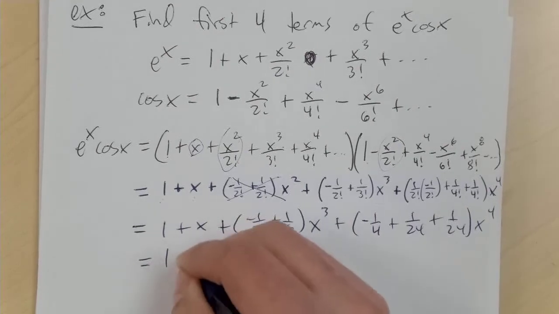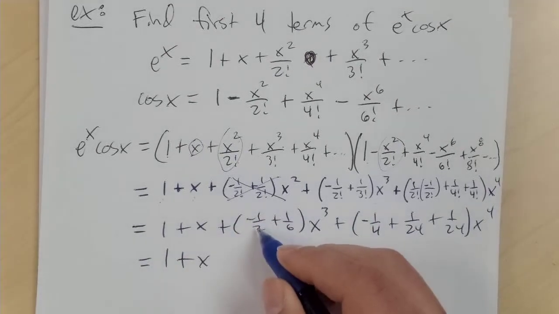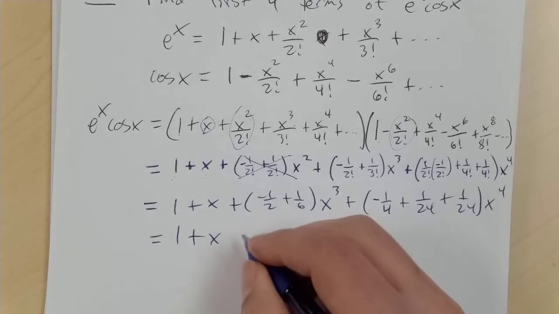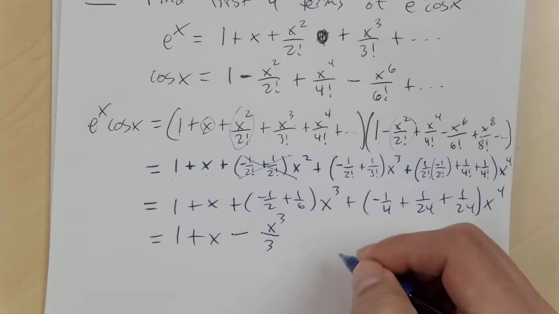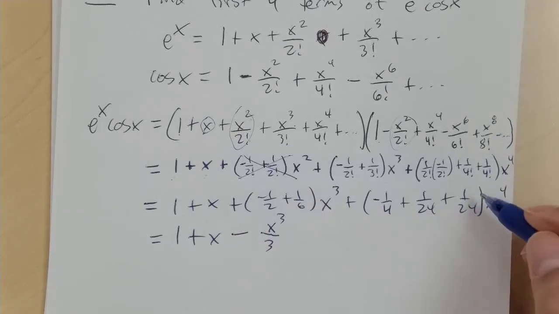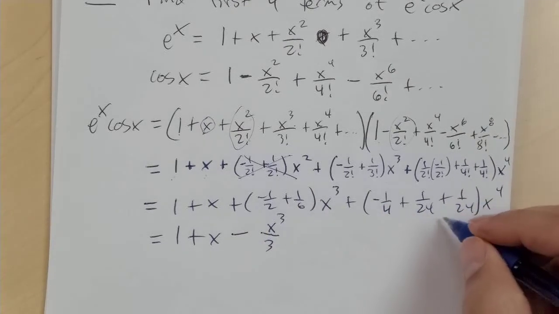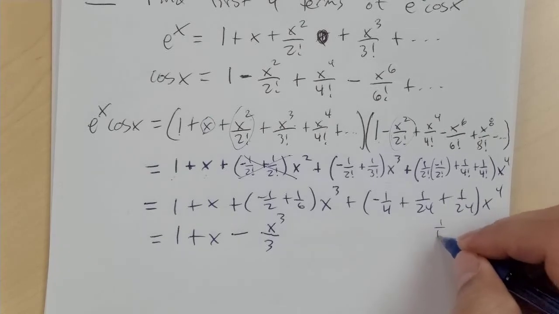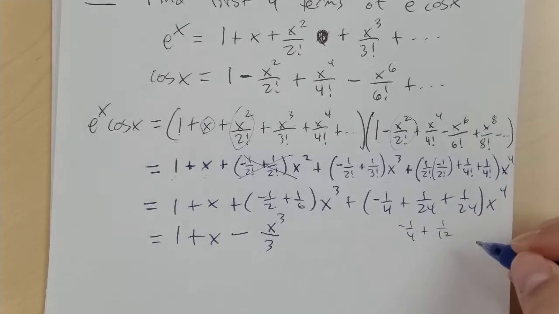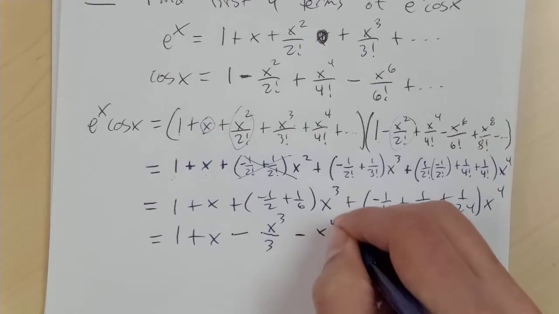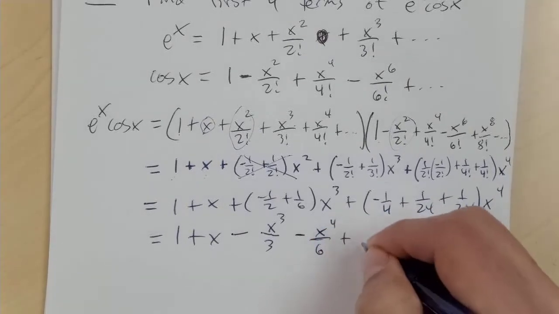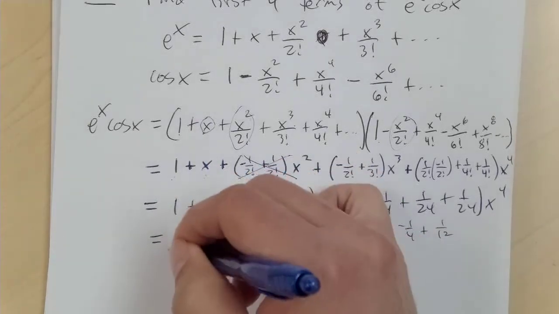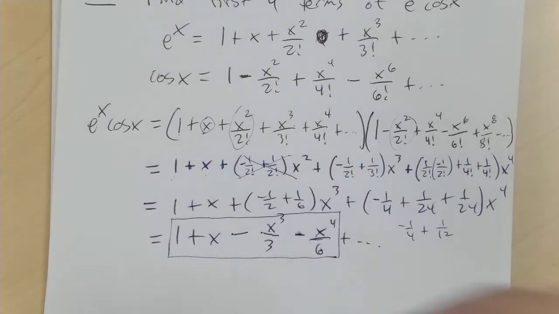And so if you simplify everything, negative 3/6 and 1/6, that's going to be minus 1/3. So minus x cubed over 3. And then here, that's 2/24, which is the same as 1/12. So negative 3/12 plus 2/12, that's minus 1/6. So minus x to the 4 over 6, plus etc. So all we cared about was the first 4 terms, and here they are.